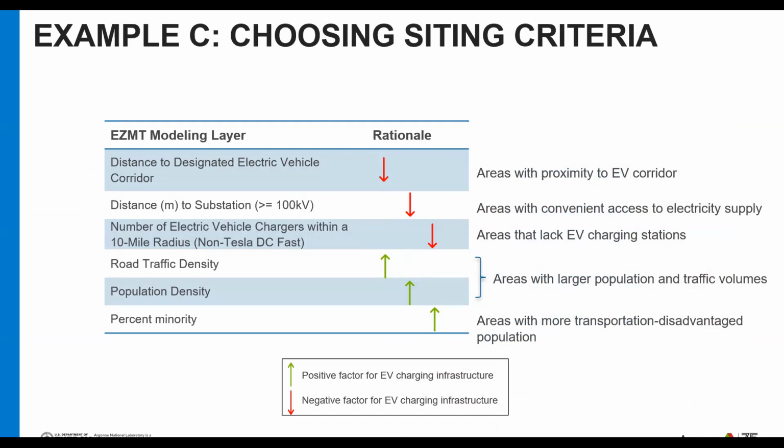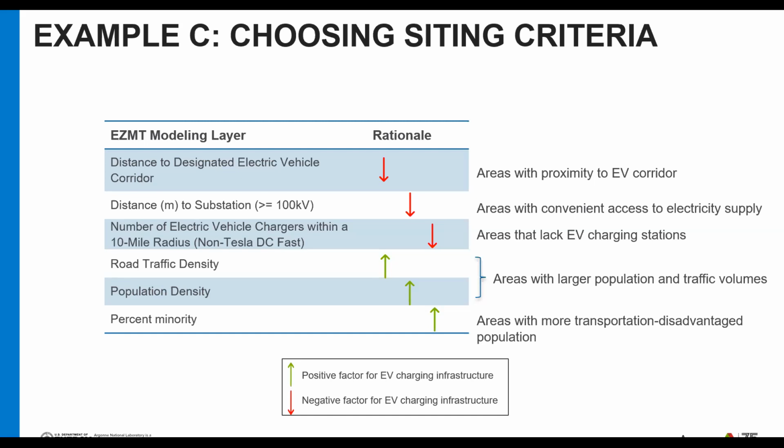Okay, so for this one, we also have these model layers available. The first one is distance to designated EV corridors. Of course, we want the charger to be as close as possible to these corridors. And we also have the two modeling layers that appeared in the previous models as well, road traffic density and population density.